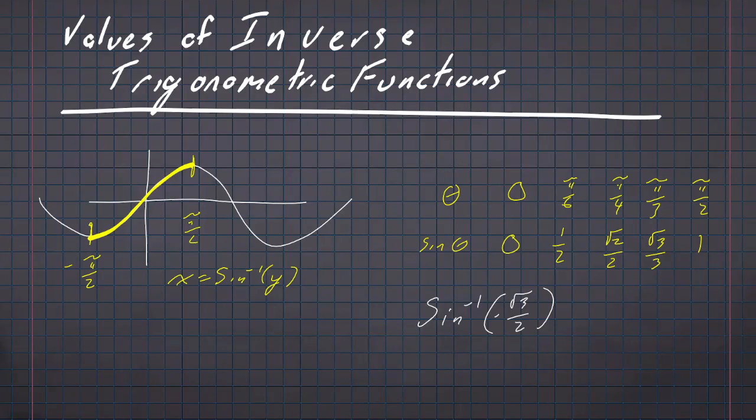Well, sine of pi over 3 is root 3 over 2, which I somehow wrote as root 3 over 3 because I was talking and writing at the same time. So the inverse sine of negative root 3 over 2 would be negative pi over 3, just working backwards.